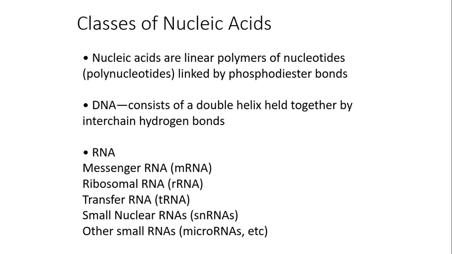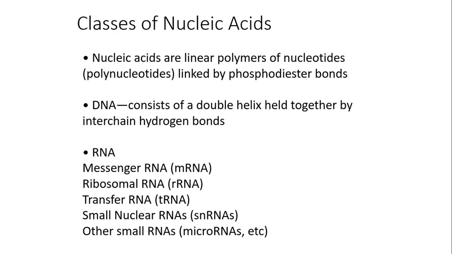So there are other ways to classify nucleic acids, DNA or RNA. Again, these are going to be linear polymers of nucleotides, or polynucleotides, linked by those phosphodiester bonds. In DNA, we've got the double helix, which we'll look at in detail, and these are stabilized by interchain hydrogen bonds.